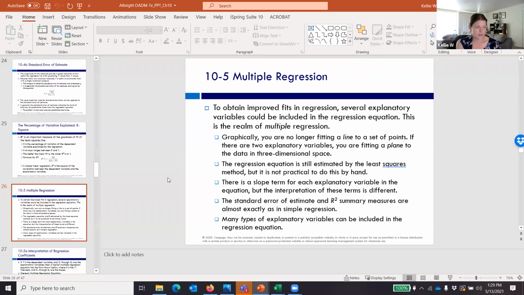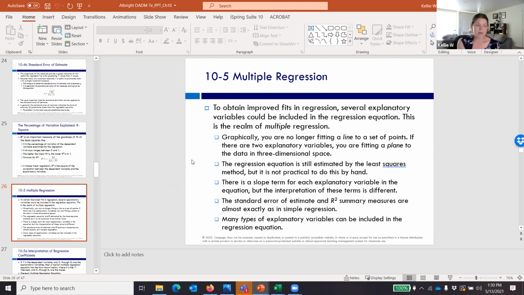Okay, so for multiple regression, in our overhead example, we didn't get very good fits. So maybe if we tried to predict overhead by production runs and machine hours, we might get a better prediction equation.